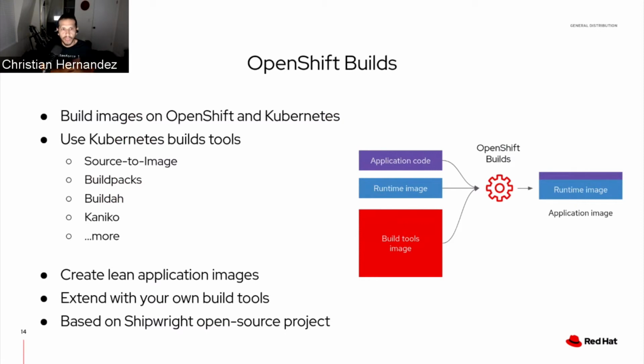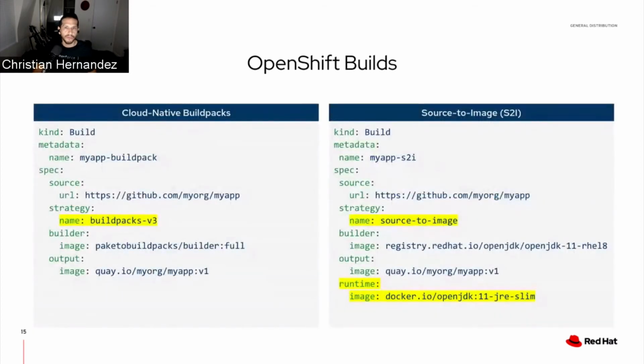We're going to take a less opinionated way of doing things. We'll just give you a common interface to continue to use these build tools that are out there in the ecosystem. So now you can do things like actually use Buildpacks.